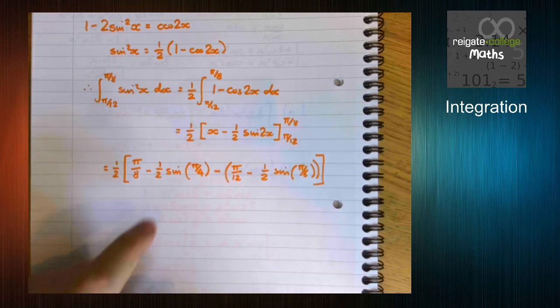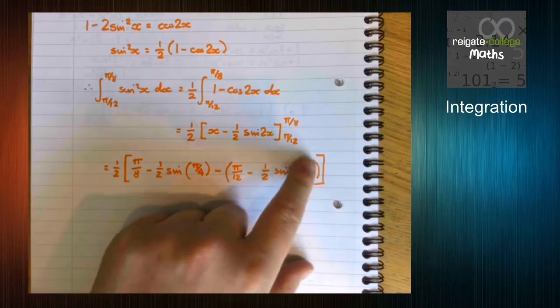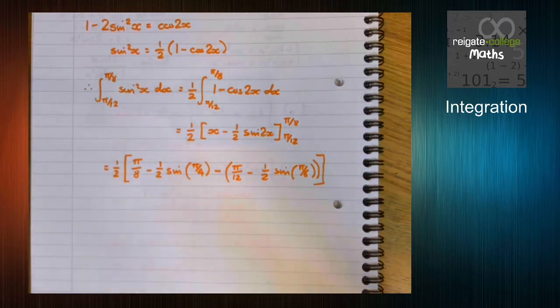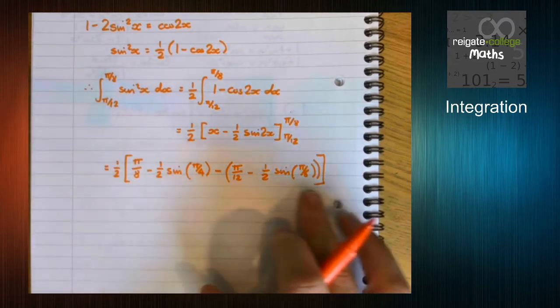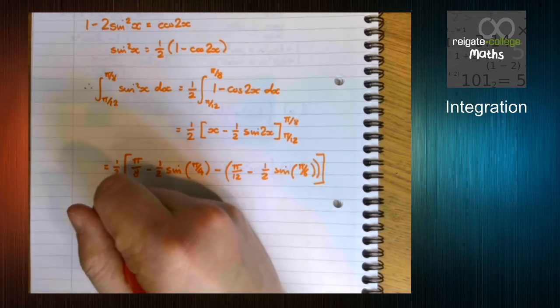So work out a half sine pi over 4. Work out a half sine pi over 6. And then do it in bits. Don't try and stick this whole thing in your calculator, because you may just get a decimal, which we're told we want the exact value. Writing down all of the numbers in your calculator is not exact. So let's do this in bits.